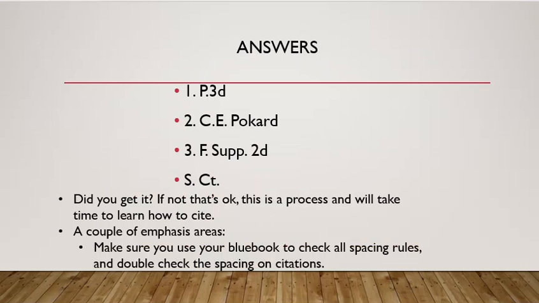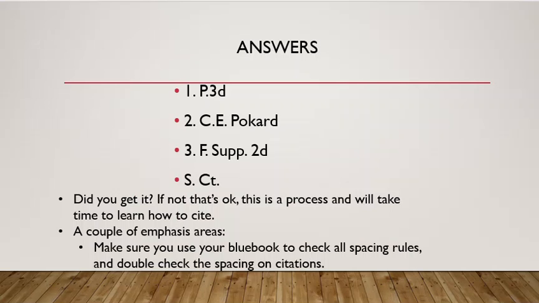So once you've taken a look at these, let's look at how we can correct these citations. The first one, if you caught the error there being a space in between P and 3d, you'd be right. That's just P.3d, a period, and no space there. Secondly, if we're looking at our fabulous TA Cole Pokard's initials, we're going to want to close those up.